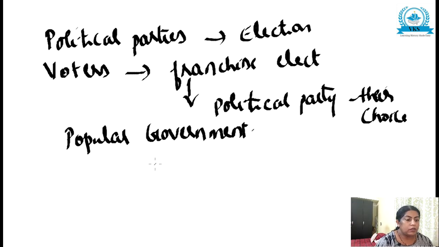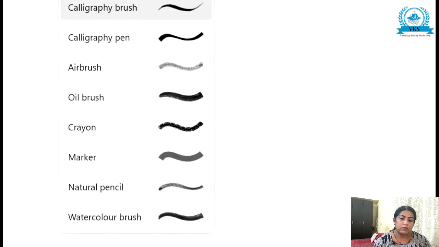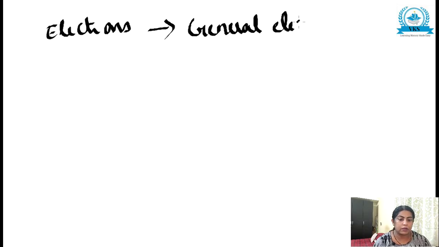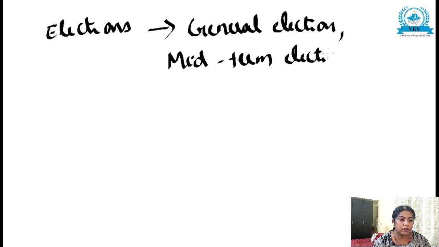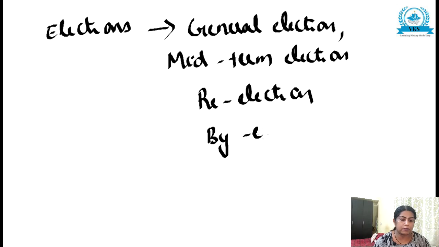Now, there are different types of elections. So now we are going to see the concept of election in detail. There are different types of elections: general election, midterm election, re-election, and by-election.